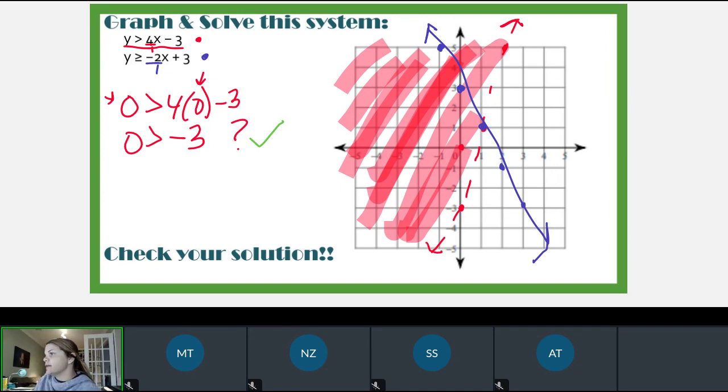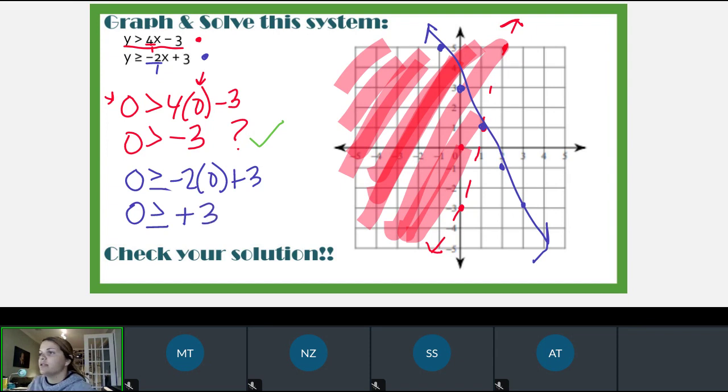Now, this is where I'm going to use my test point again to shade. So plug in a 0 for y, plug in a 0 for x, and see if I get a true statement. So this says that 0 is greater than or equal to +3. Is 0 greater than 3?